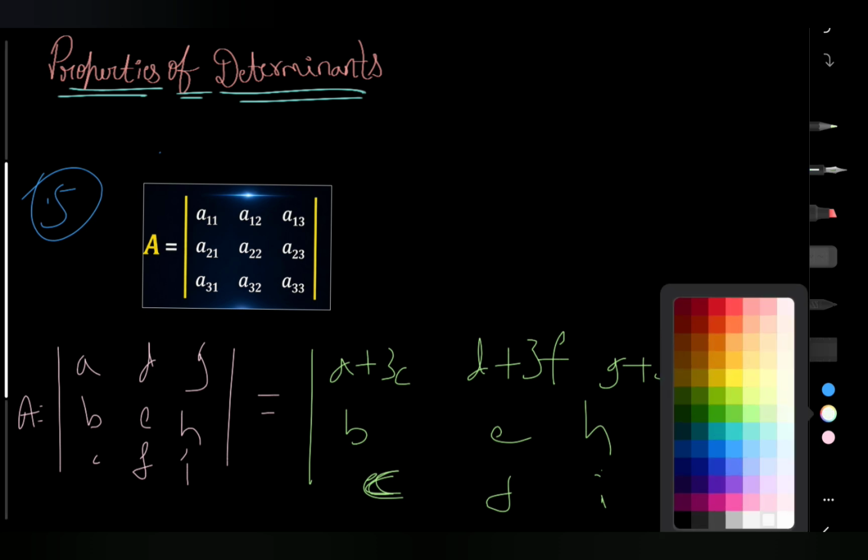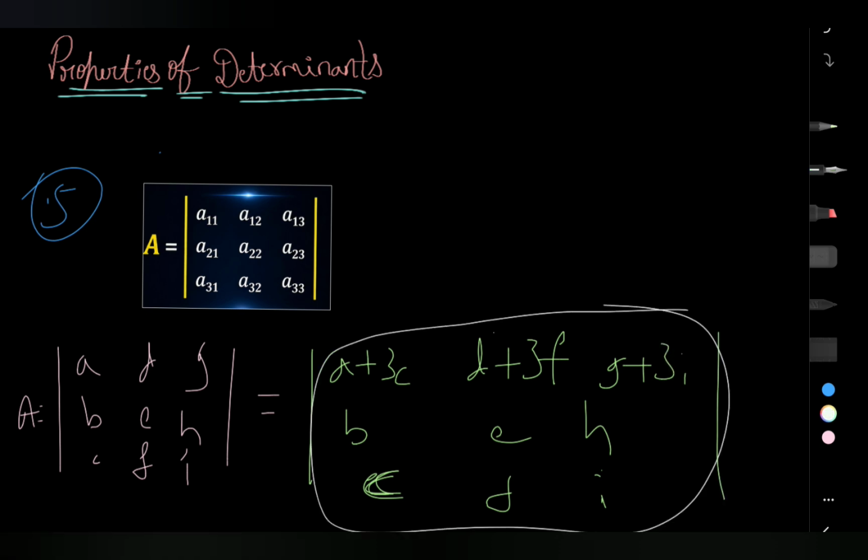The value of this is nothing but, as usual, A itself. So this was your last property.